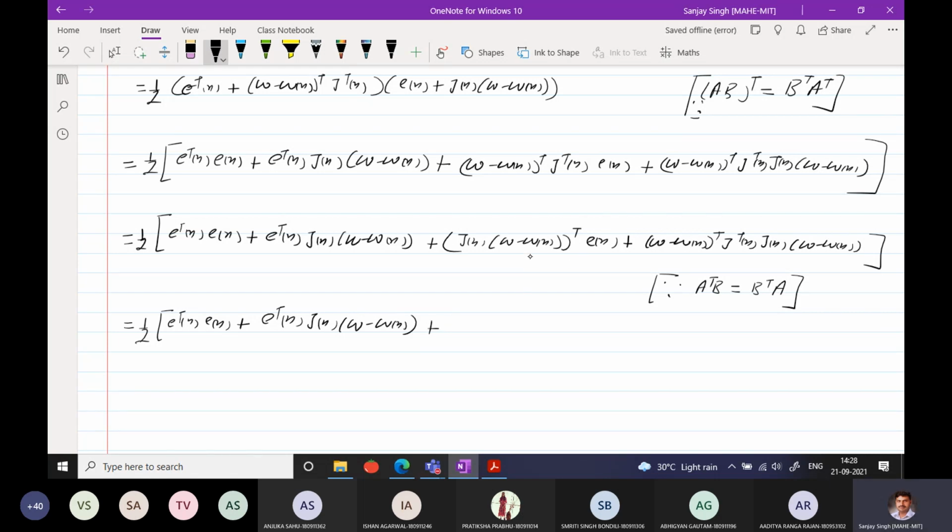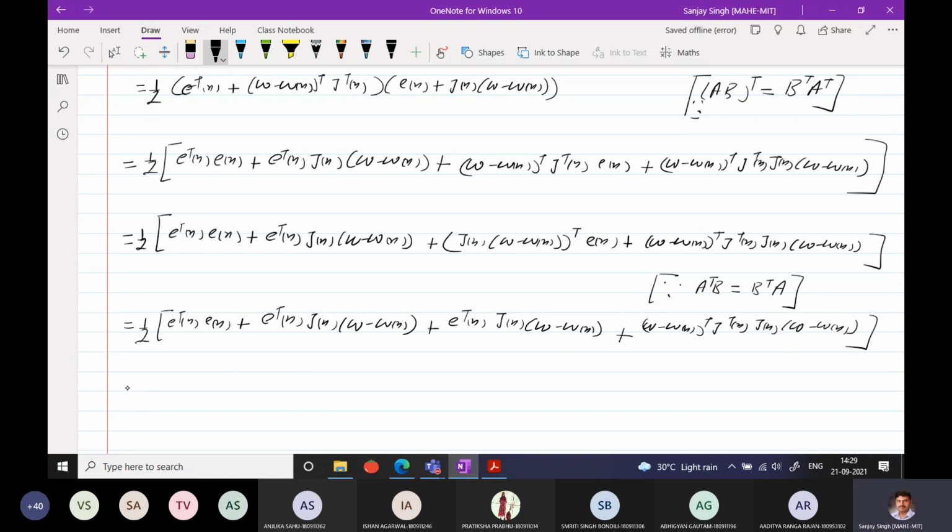Now here, if the positions of this and this can be flipped, remember that you cannot flip only one, otherwise you'll be confused. We have to flip so that the form remains the same. So I can write E_n^T, then the entire part J_n (W minus W_n), and then the rest of the part, (W minus W_n)^T J_n^T J_n (W minus W_n).